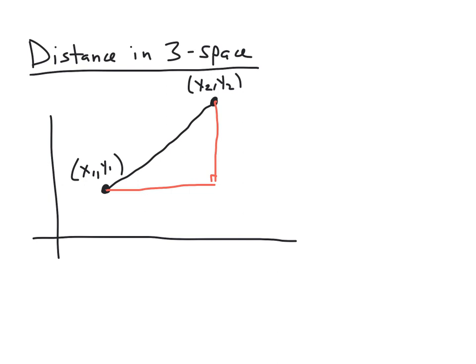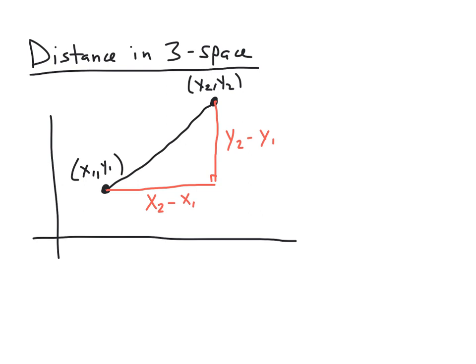The leg on the right side of the triangle, that distance there, we know is going to be y2 minus y1. And the length of the bottom of our right triangle is going to be x2 minus x1. So we can compute those two lengths based on the x and y coordinates of our 2 points.